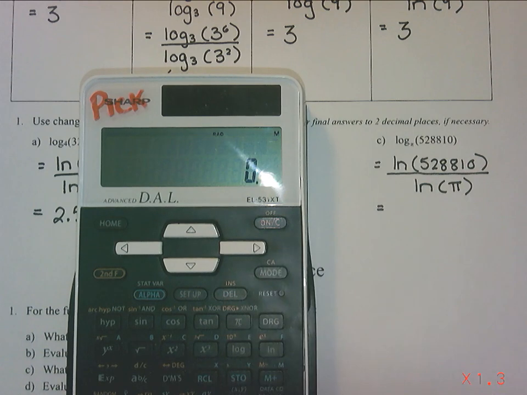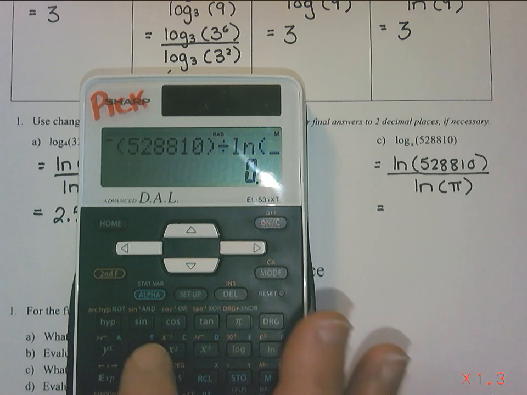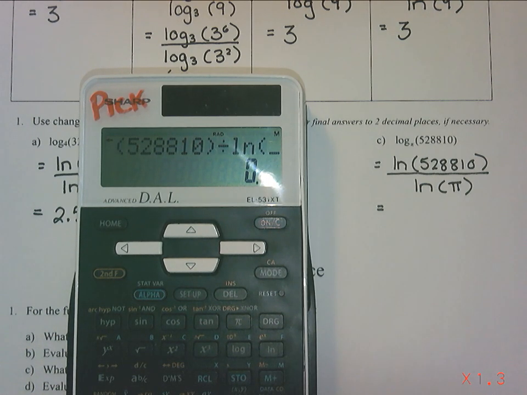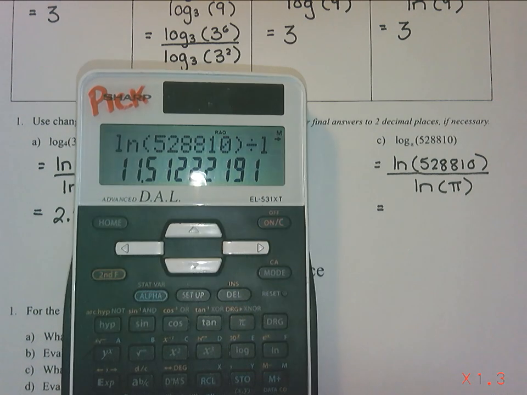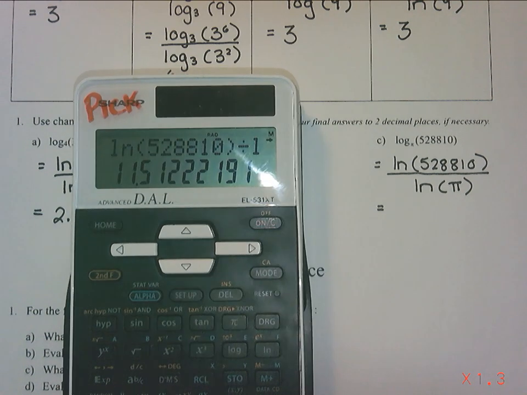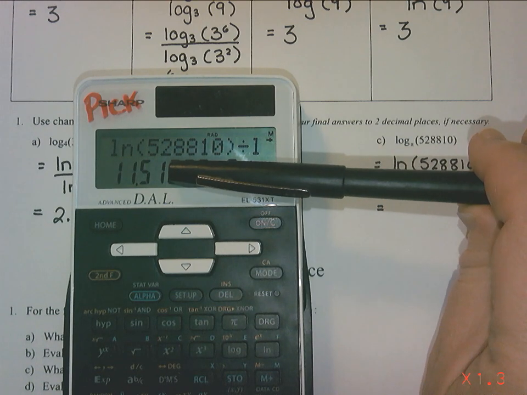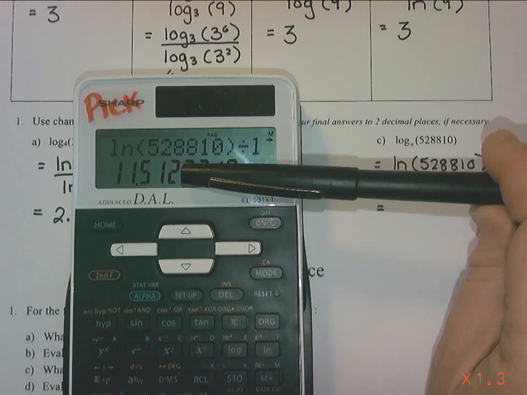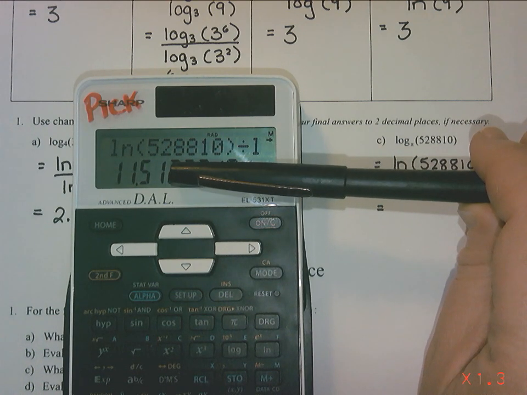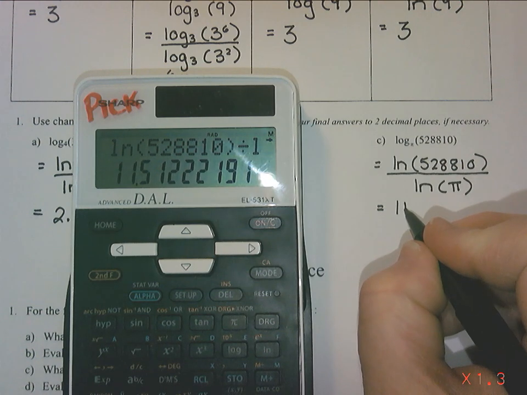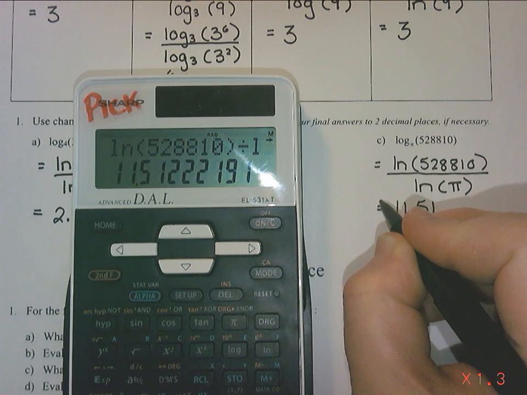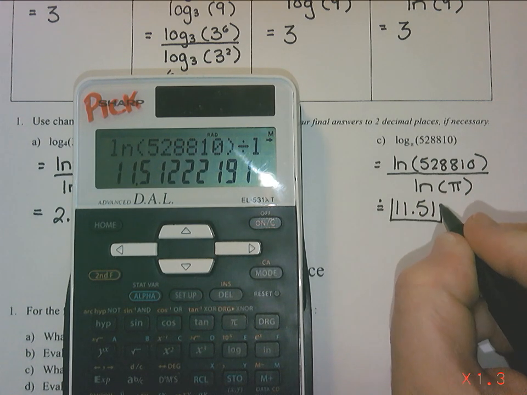Okay, so ln of 528,810, and then divided by ln of pi, and there we go, equals this. Now it did say to round to 2 decimal places if necessary, so that would be 11.51. I take a peek at that next digit, it's a 2, so that's going to stay 11.51. And I'm going to put a dot to show that I did round that and that it's an approximate value.